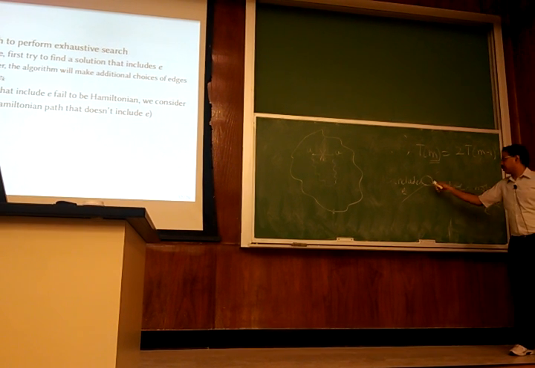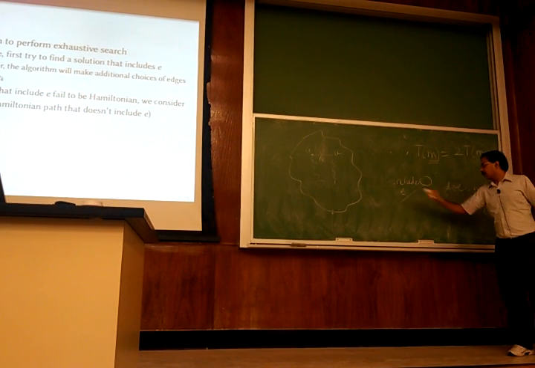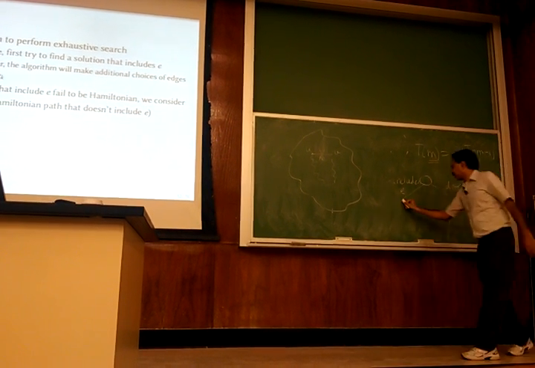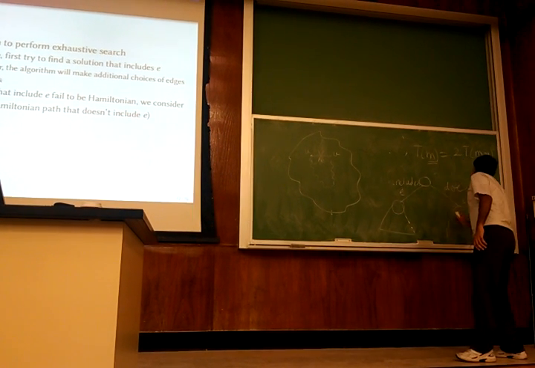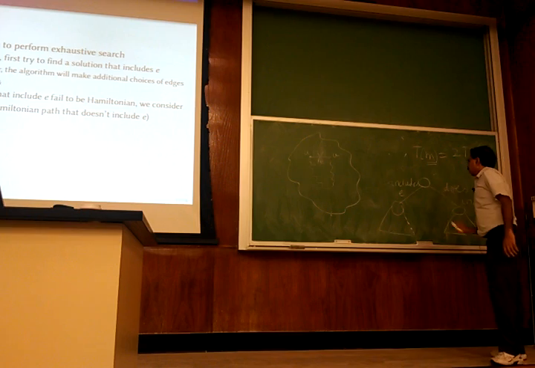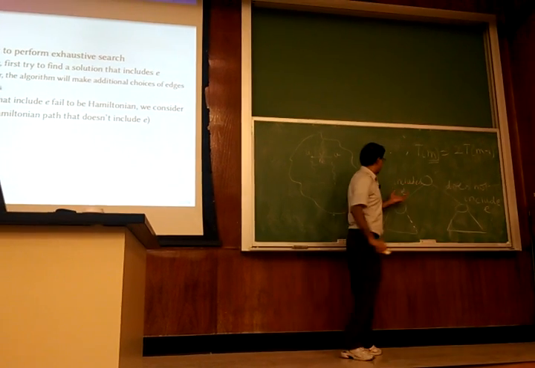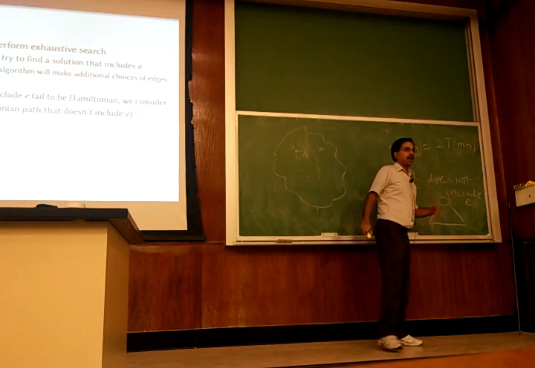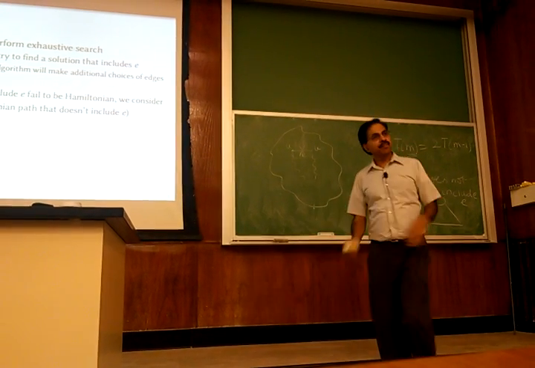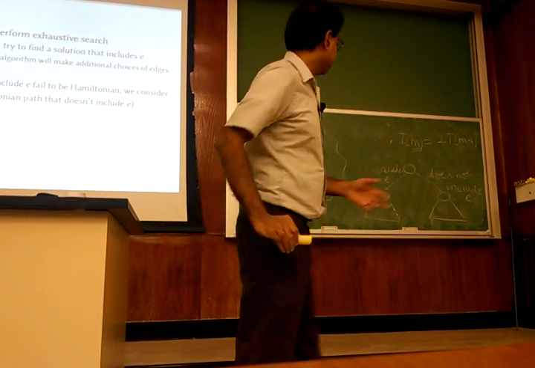Okay, so this is like a search tree, the root, and the root has 2 children. The first child includes solutions, Hamiltonian tours in which E is included, and here are solutions that don't include E in the Hamiltonian tour.